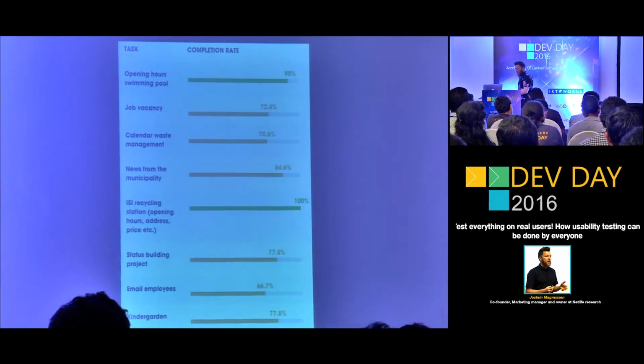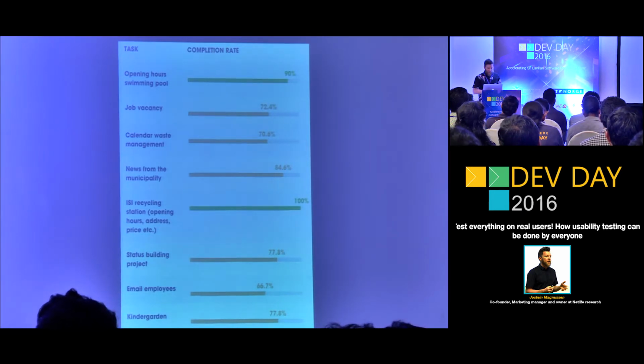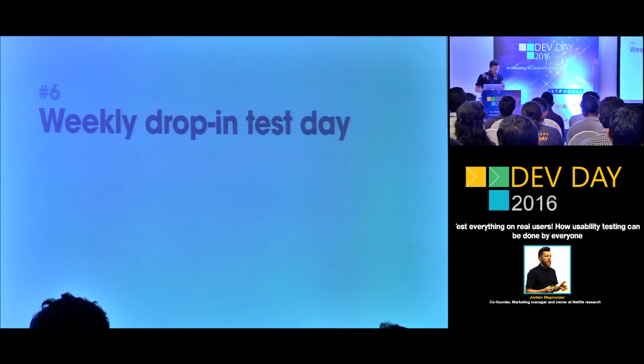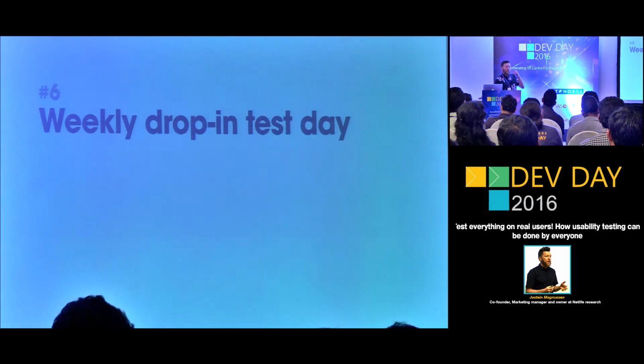Of course we want that to be 99%, but that is kind of hard. 90 is quite good. This also has a dashboard you can go into and look at. And most of you probably work on projects that are ongoing for months or years, I guess.